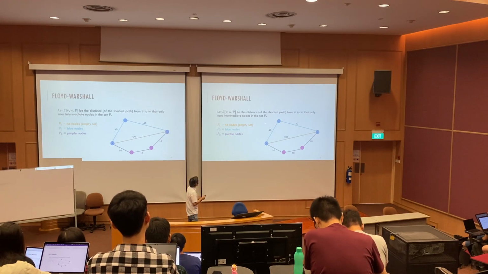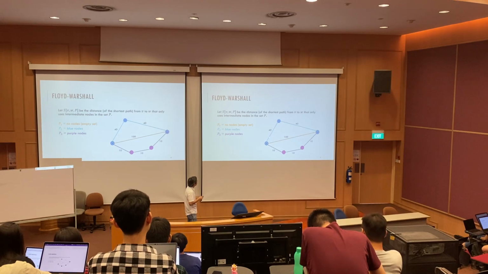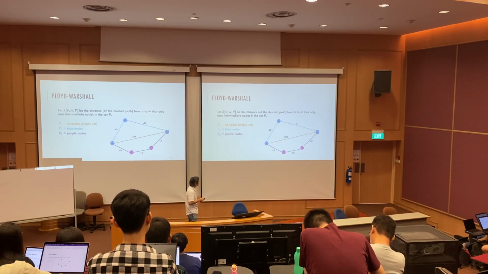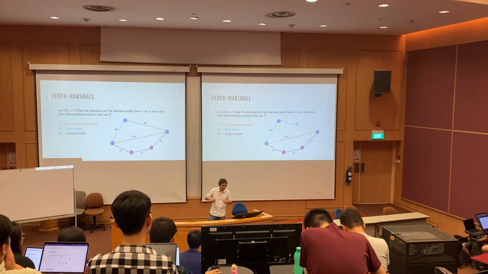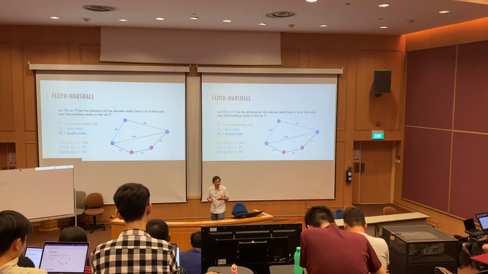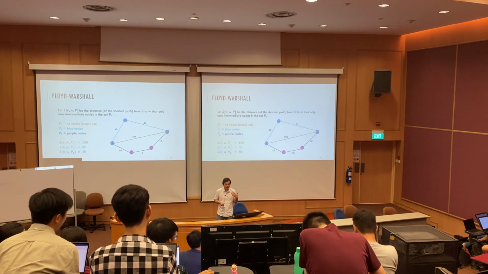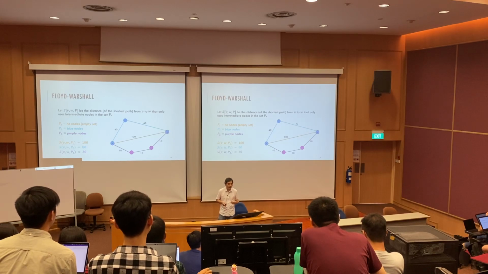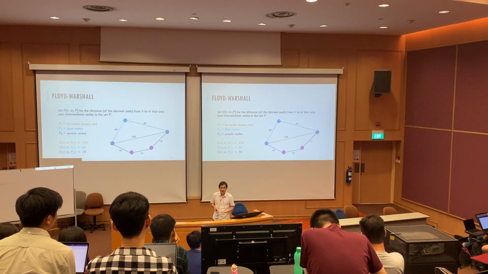P2 uses the blue nodes, so you go through that node, and your distance will be 80. P3 uses the purple nodes. You can see that if you use different sets, then you have slightly different paths. If you use P1, then it's 1000. If you use P2, then you get 80. If you use P3, then you get 30.